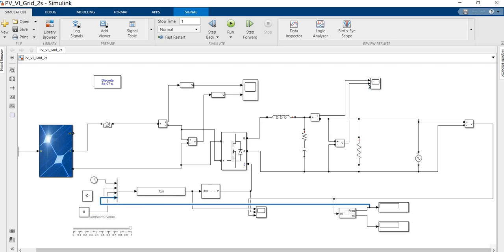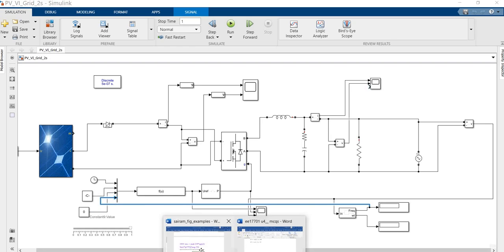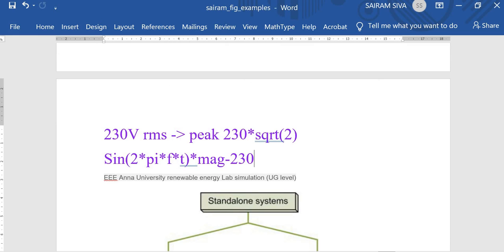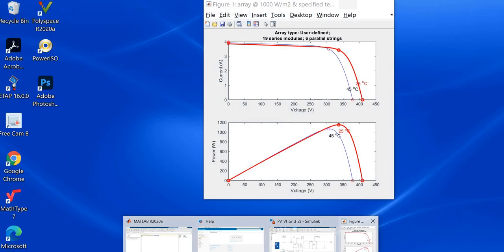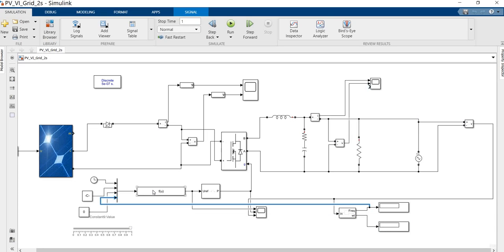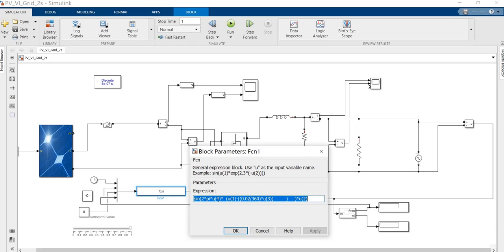So u of 4, here I am going to fix sine 2 pi f t. This u of 4 is the frequency, which is multiplied with the del angle.